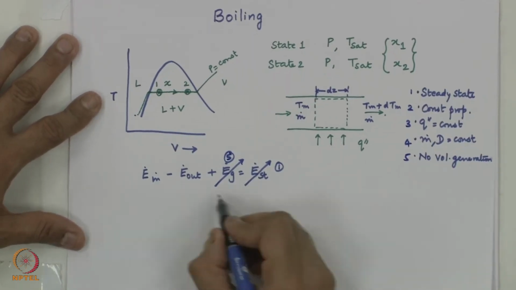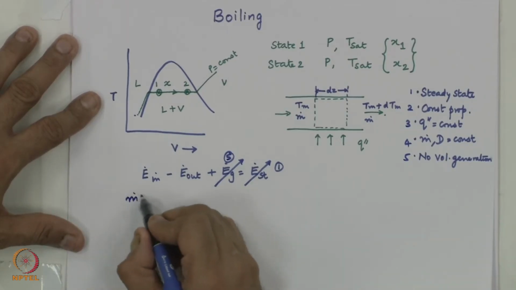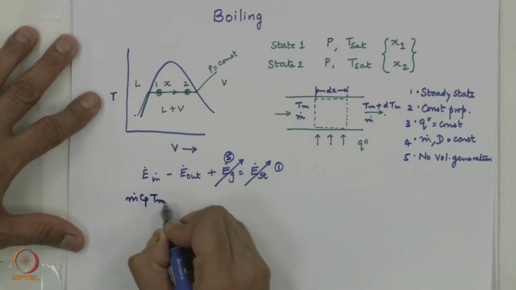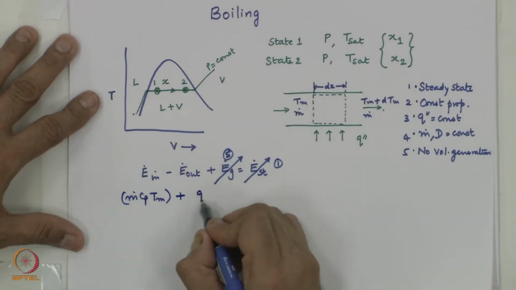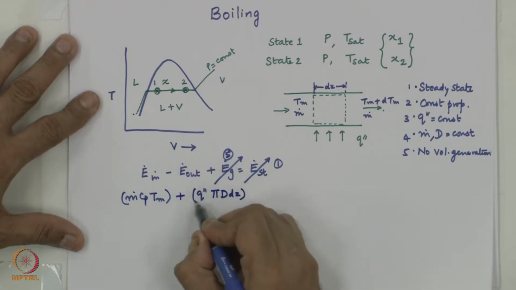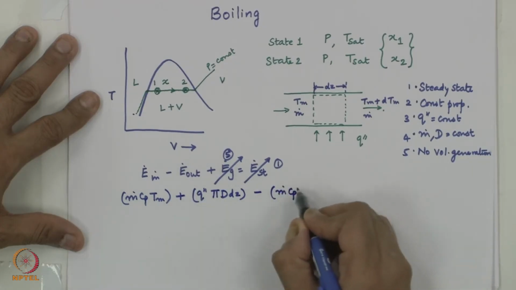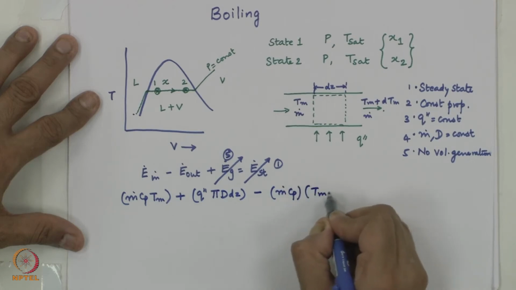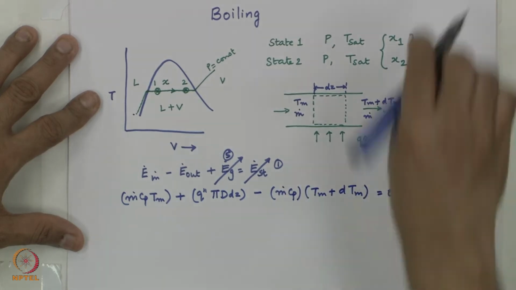E dot in is equal to E dot out, and if I write the energy balance for this control volume, it would be m dot Cp T_m coming in plus q double prime pi d dz if it is a circular pipe, minus m dot Cp (T_m plus dT_m) equal to 0.